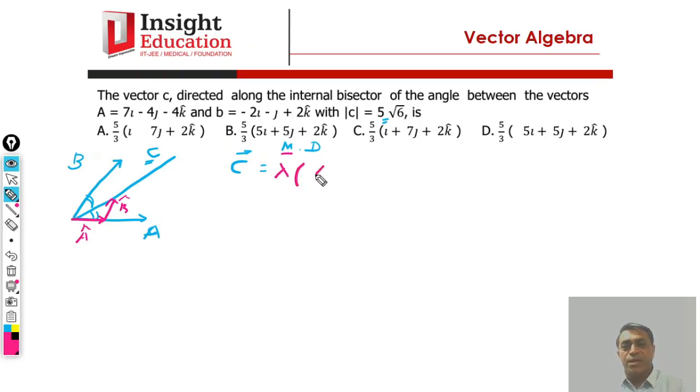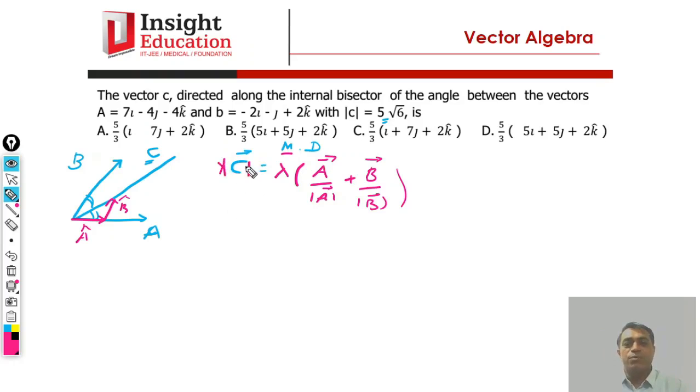The unit vector is vector A divided by mode of A, similarly vector B divided by mode of B. Direction into lambda is equal to mode of C.